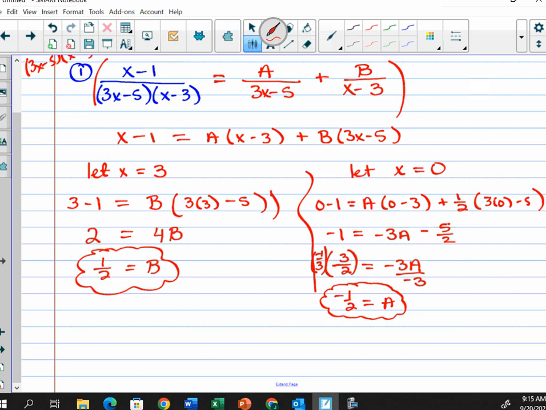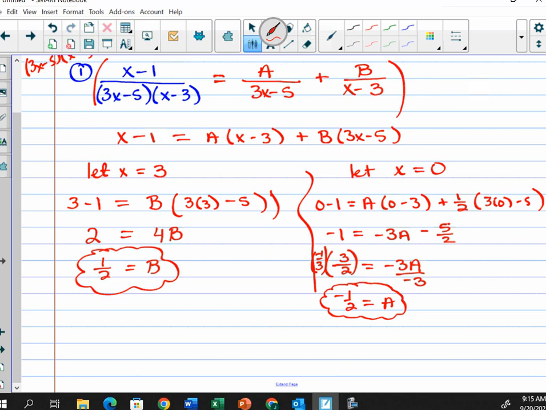Okay? All right, so the way you write your actual answer, remember at the beginning, we had A over 3x minus 5 and B over x minus 3. We're going to substitute our A and B into that, but we don't write it as a multi-level fraction. I'm not going to say -1/2 over 3x minus 5.